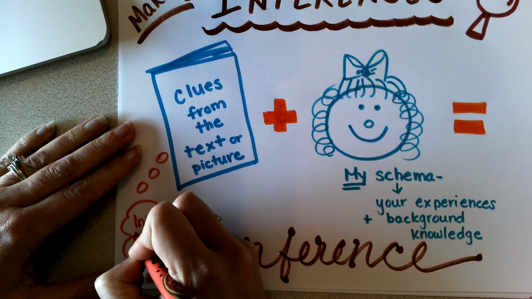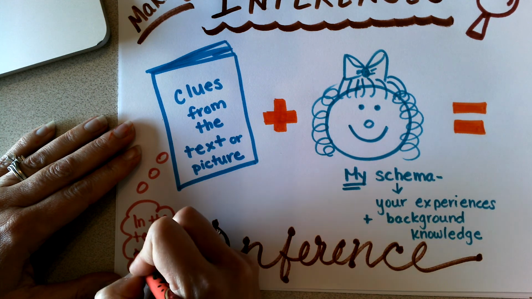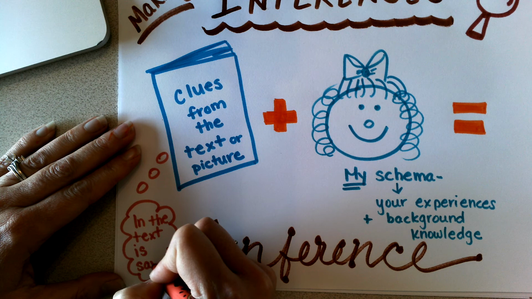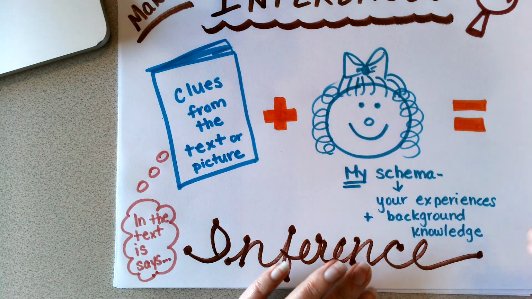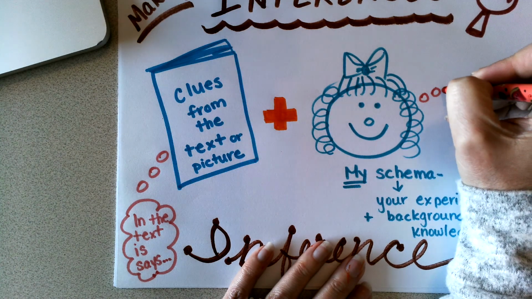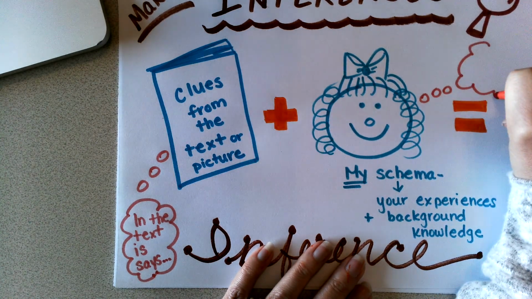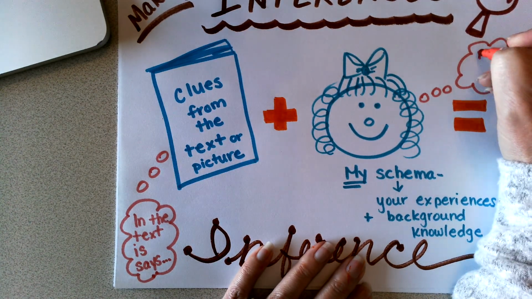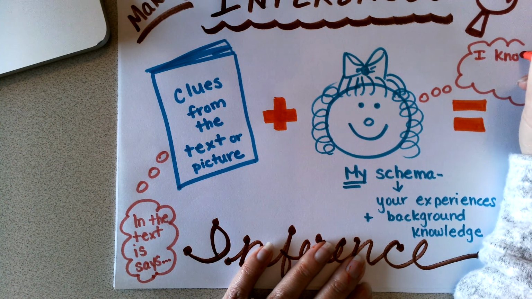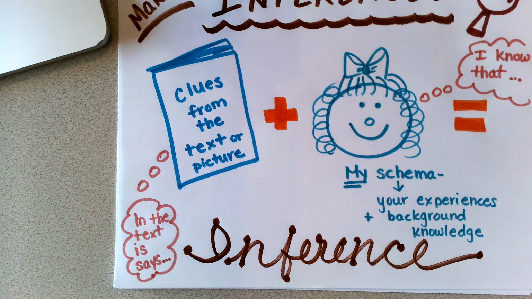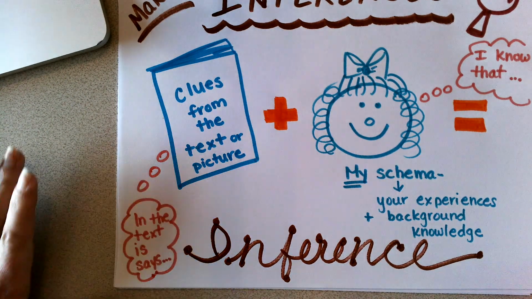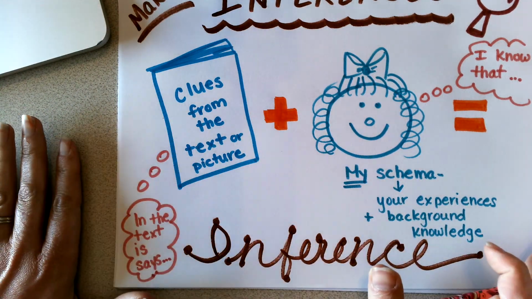So, "In the text, it says," whereas on this side, you can think about the question stem of "I know that," can be like that. Now, these are your notes, so you can feel free to stop here.